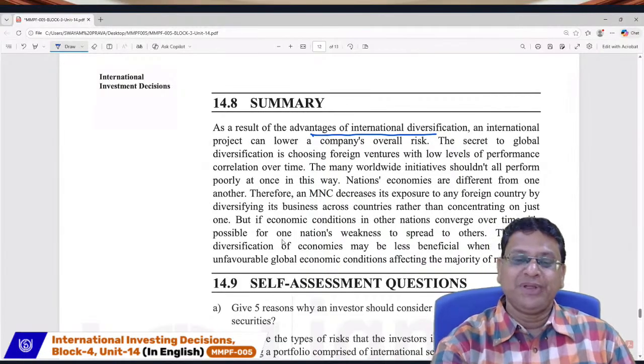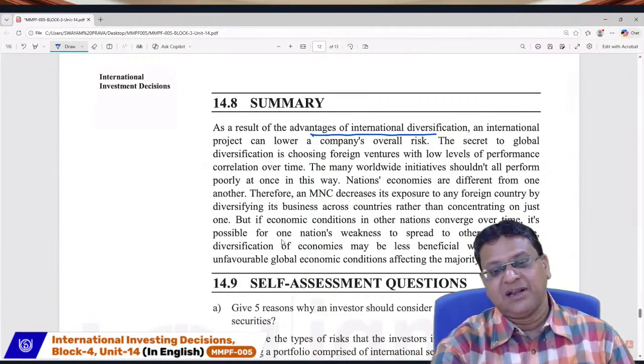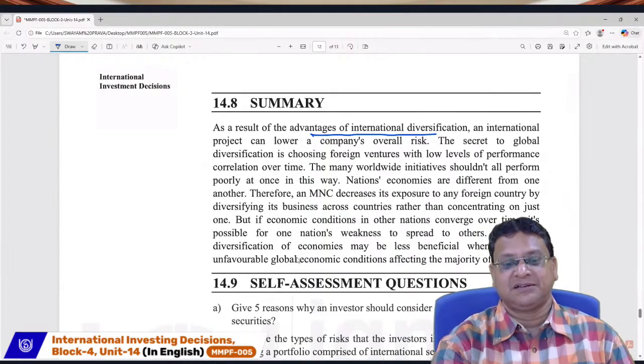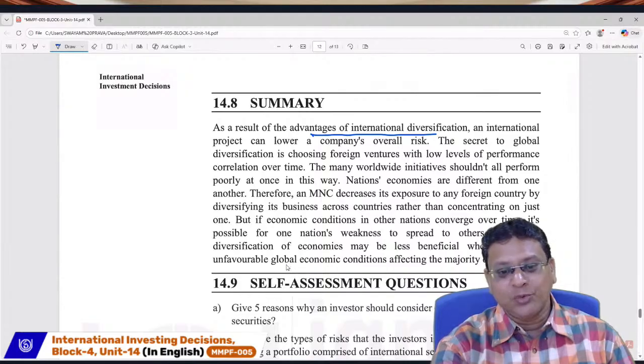But though you invest in international markets, if there is global risk, global economic conditions, it cannot be reduced.